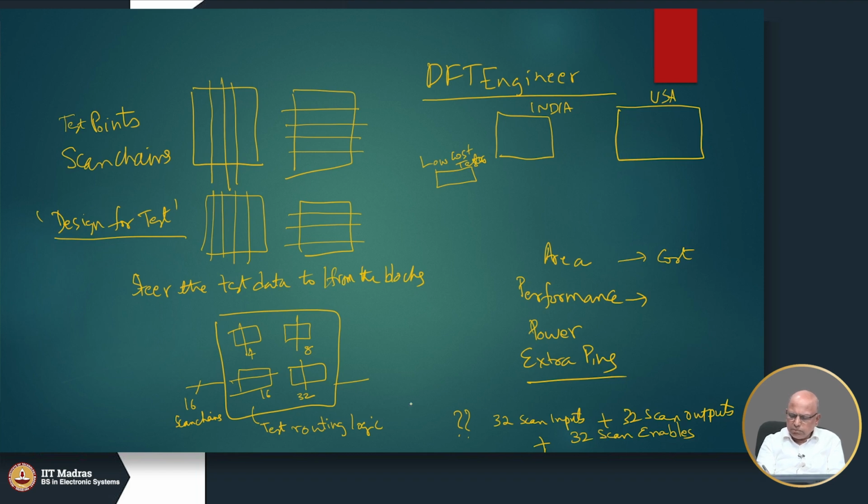So, this is called pin multiplexing. So, a pin mux will multiplex between the functional pin and the DFT pin. When I say DFT pin, I mean things like scan in, scan out, scan enable. Okay. So, that is also an important aspect.